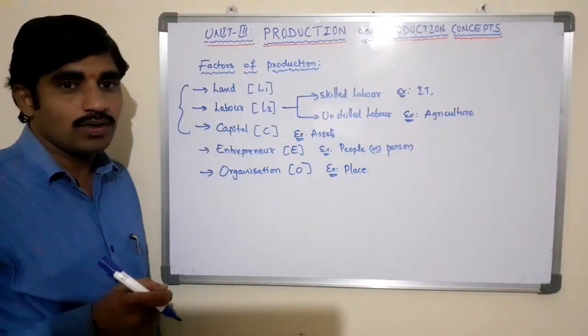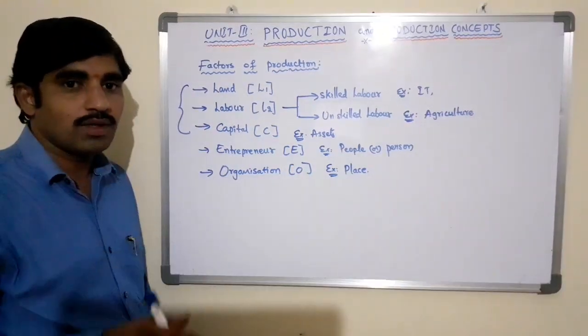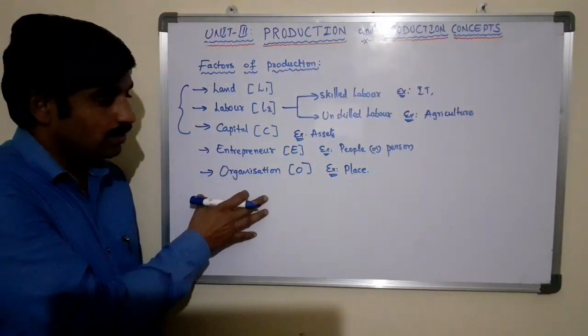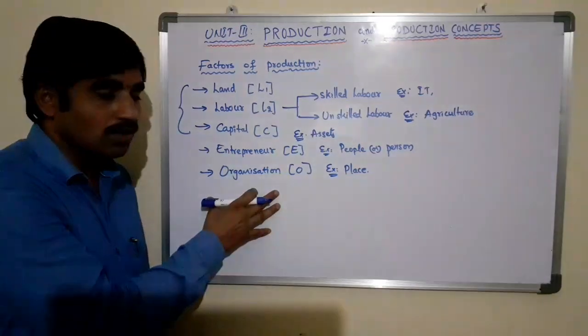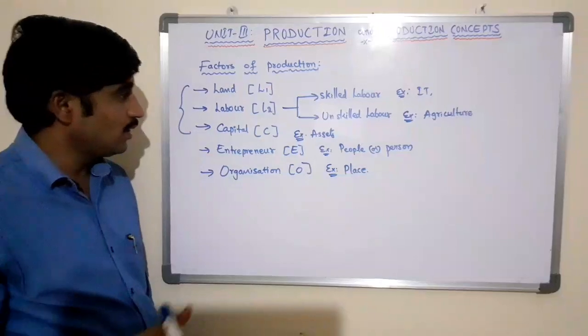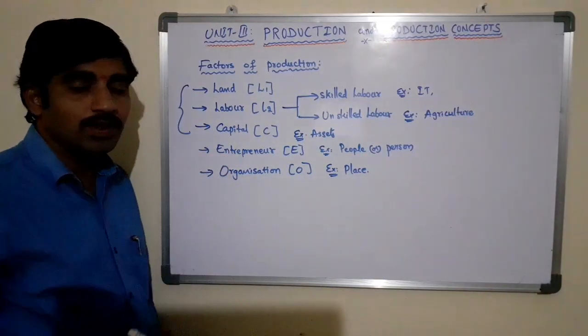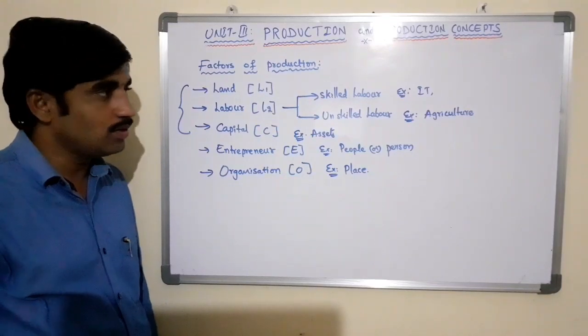To assemble all these resources or inputs in one place, we require some place, and that is called organization. So here organization is a place where the land, labor, capital and entrepreneur can assemble in order to produce the products.